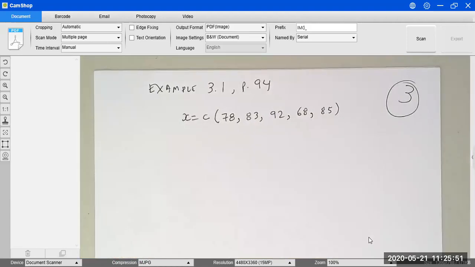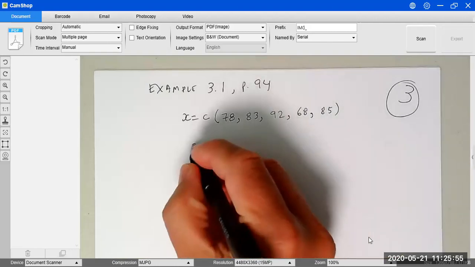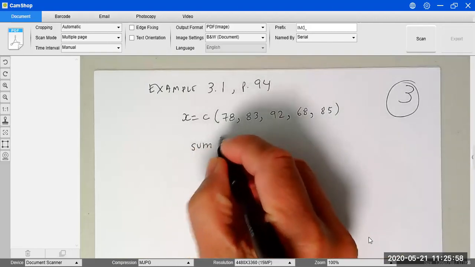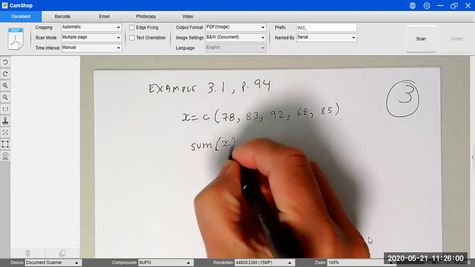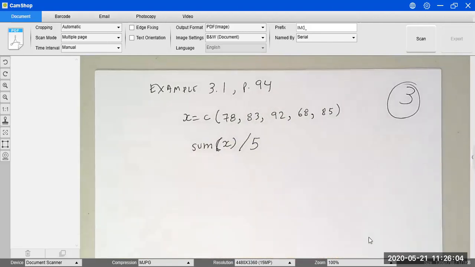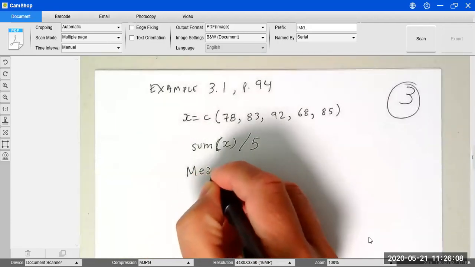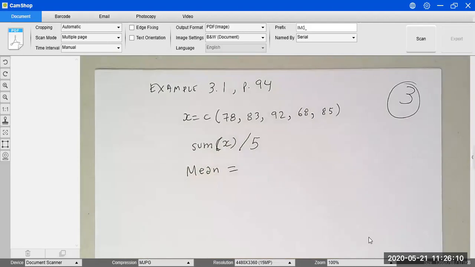Then we only need to add these values and divide by the total number of values. So we need to do only the sum of x, and we're going to divide that by 5 because I have 5 values. So this is going to be the mean. I'm going to write just mean. I'm not using x bar, I'm not using mu, because the problem doesn't say whether we are dealing with a population or with a sample.